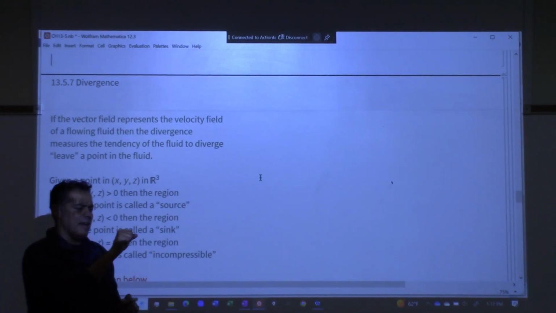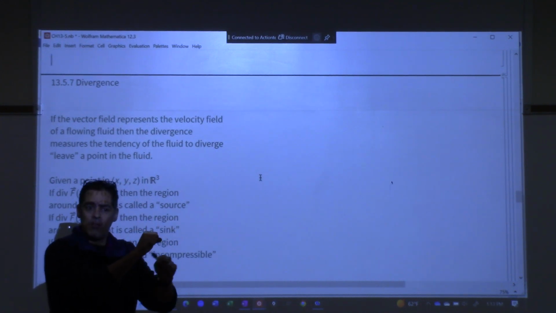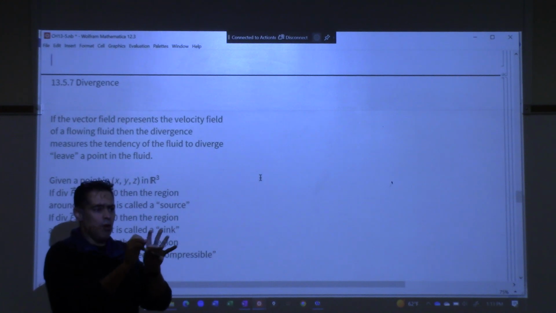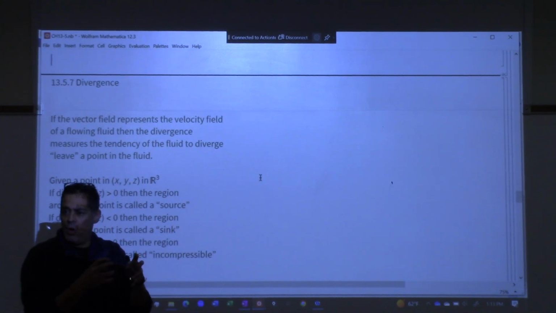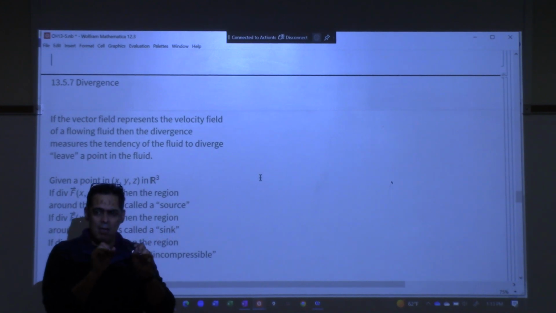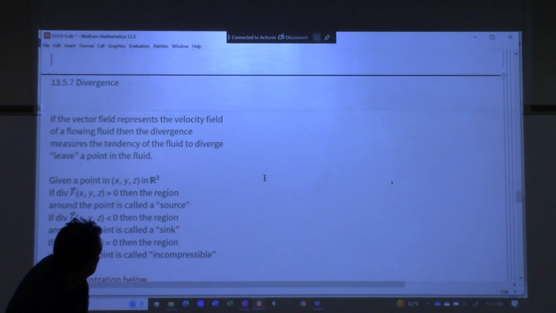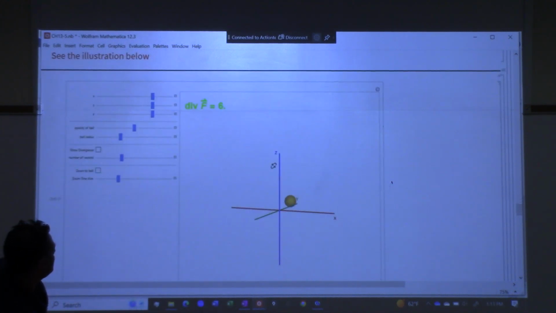So if you were to take this ball in the center and look at the balls around it, are they moving away or are they coming towards that ball? What's their tendency? In that little neighborhood around that molecule, are most of the molecules wanting to move away or come towards it? So here's the geometric illustration.